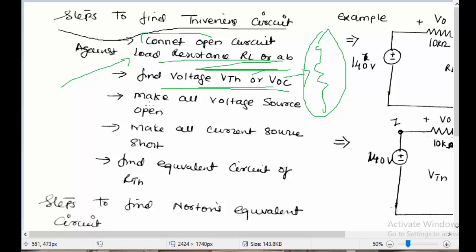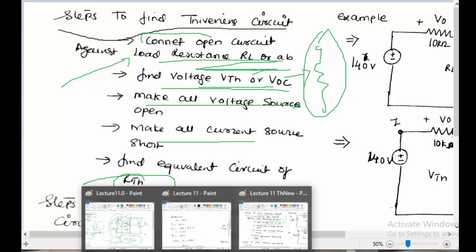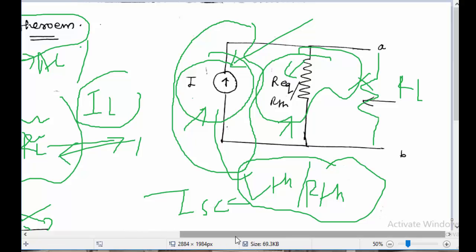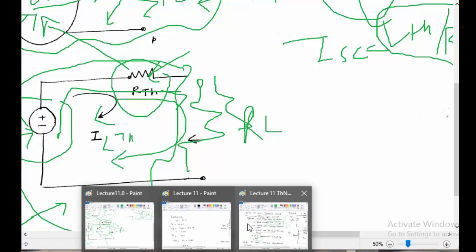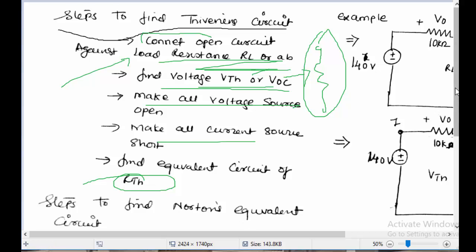Then you make all the voltage sources short and the current sources open, and after that you find the equivalent resistance, that is RTH. This RTH comes in series with the VTH, and then there will be the load resistance. So that was what I explained.